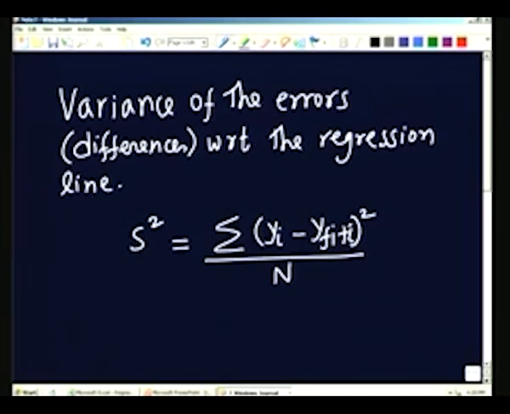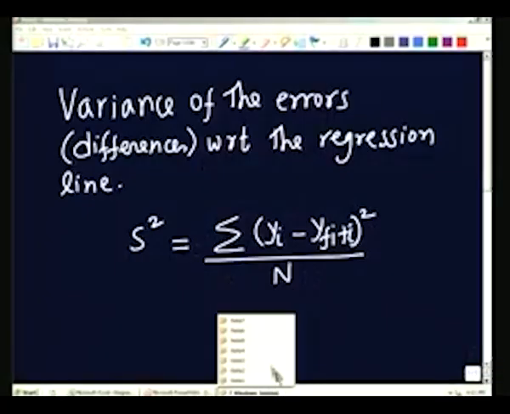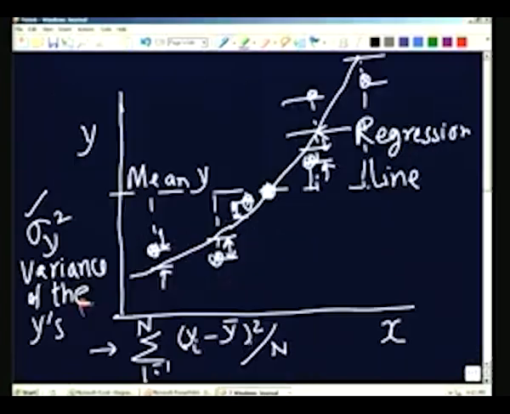Now, I am going to compare the variance of the errors with respect to the variance of the y's. If the variance of the errors is small compared to the variance of the y's, that means, if I go back to the previous page, I am comparing this quantity with the variance with respect to the mean value y bar and the variance with respect to the local mean value, because the fit represents the local mean.